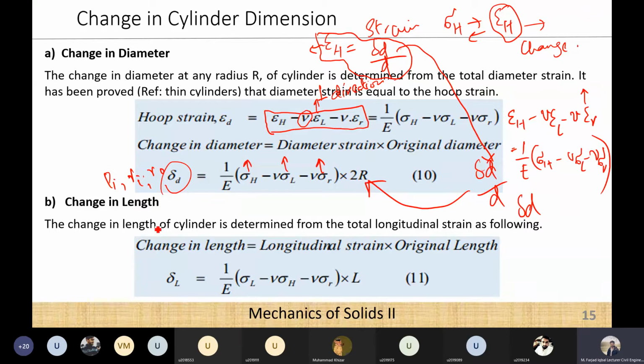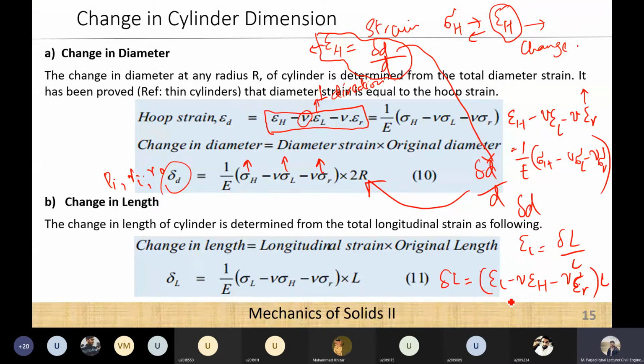And the same is the case with change in length. For change in length, obviously the longitudinal strain will be responsible. If I represent this change in length, that will be length times epsilon L. And we know that this longitudinal strain will be less than the actual value, and the actual equation will be epsilon L minus nu into epsilon H minus nu into epsilon R, into length.